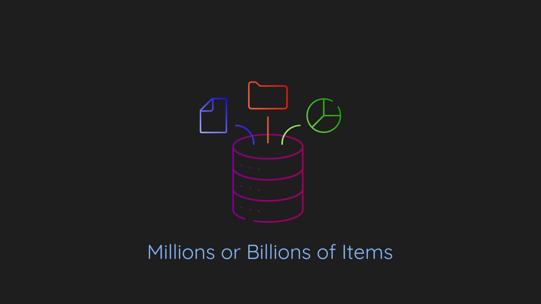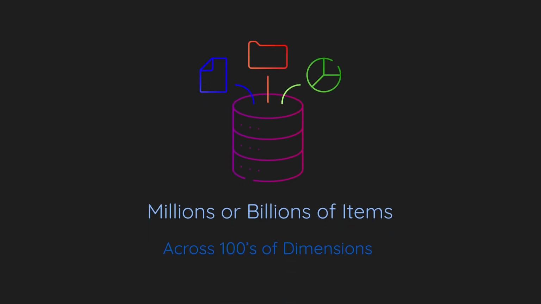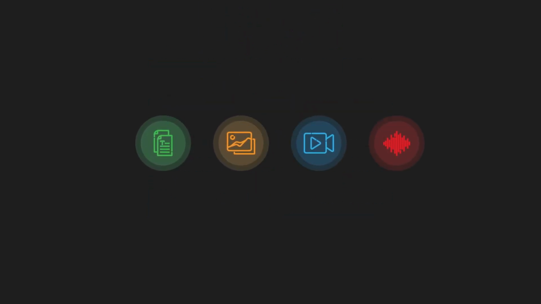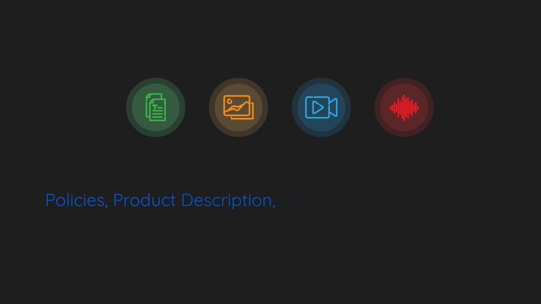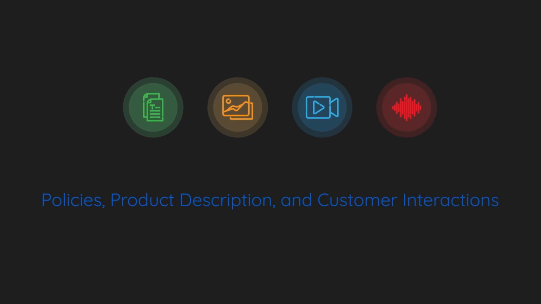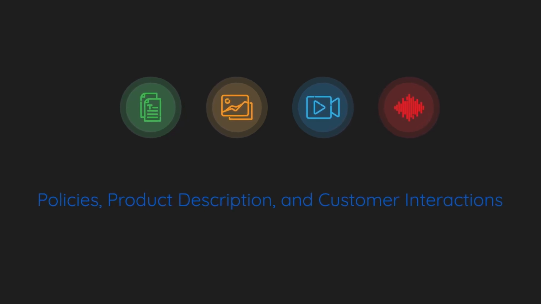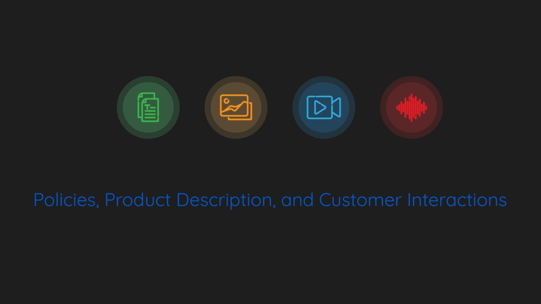They represent knowledge across hundreds of dimensions and can include text, images, videos, and audio files. For instance, your chatbot's vector database might store detailed representations of all your company's policies, product descriptions, and customer interactions. This enables it to retrieve the most relevant information for any given question.